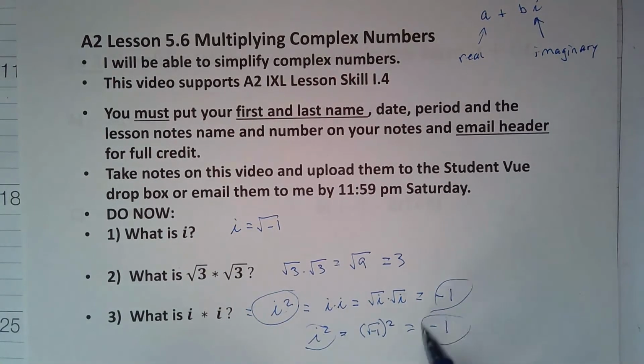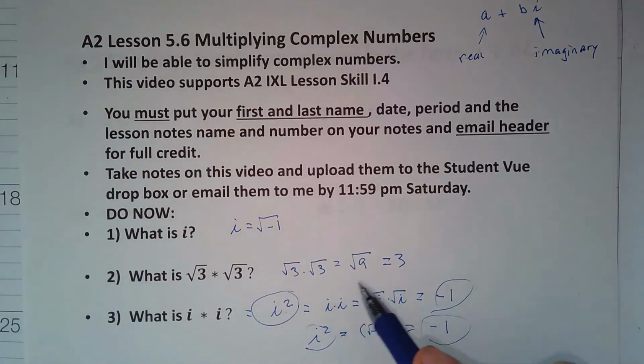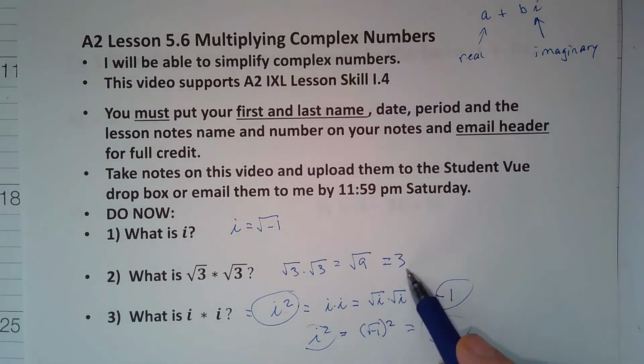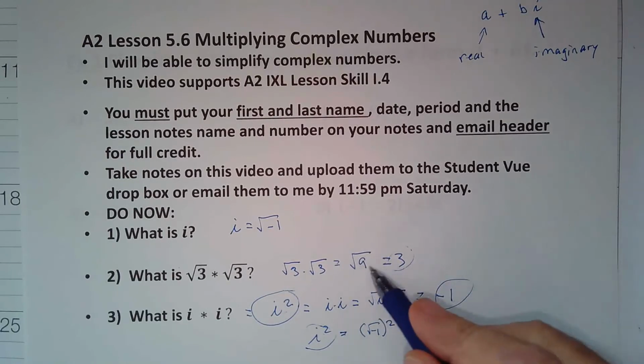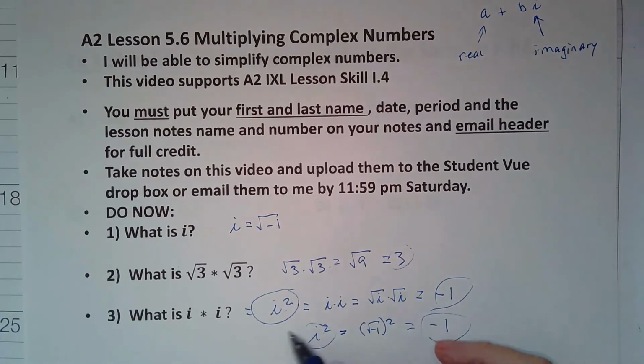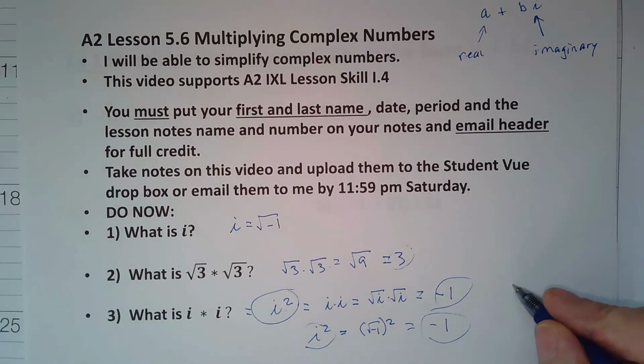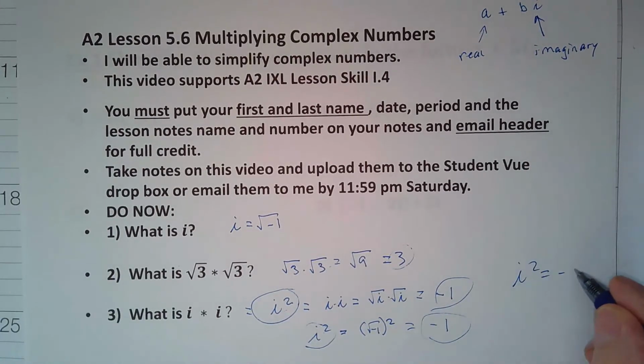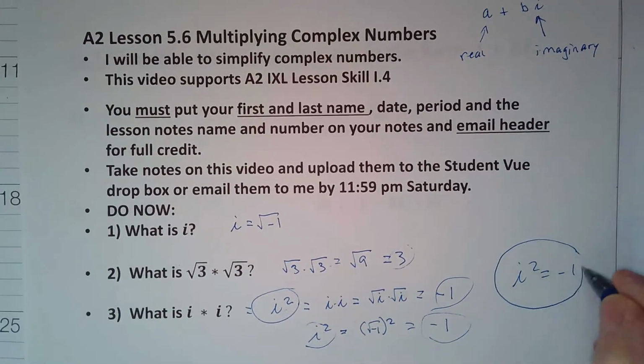Okay? Just like the square root of 3 squared is 3. So 3 times 3 under the roots is 3 squared, which equals 3. i times i is i squared, which equals negative 1. That's what you need to remember for this. So i squared equals negative 1. That's the big takeaway from this.